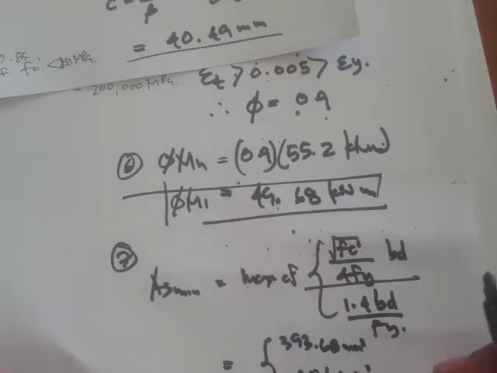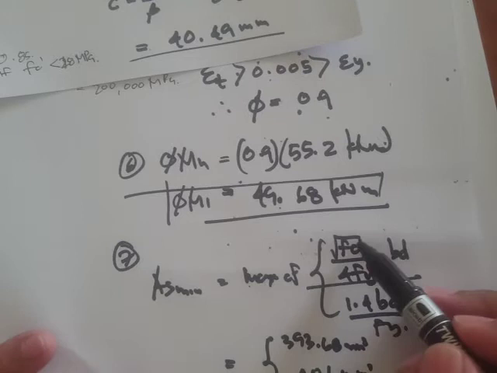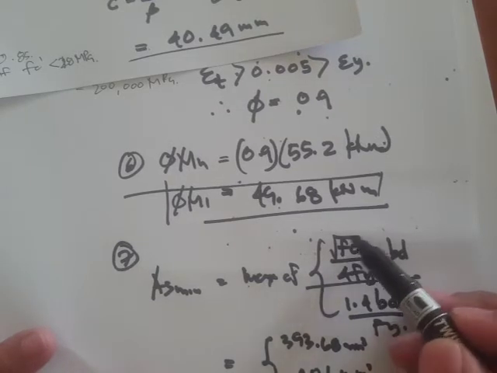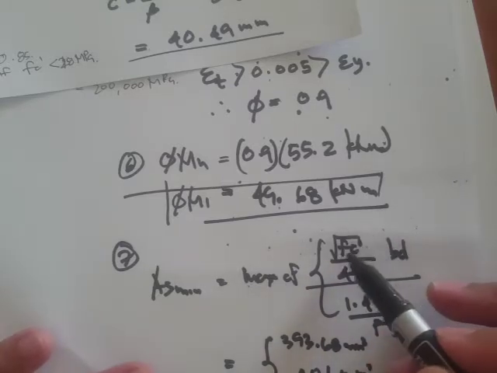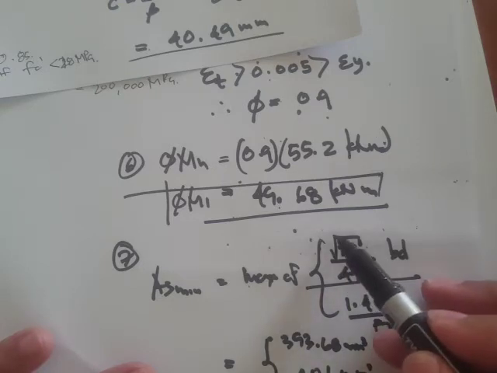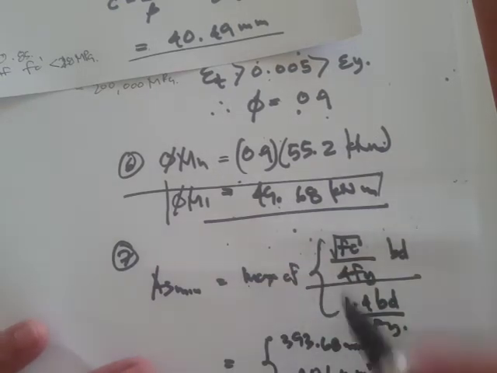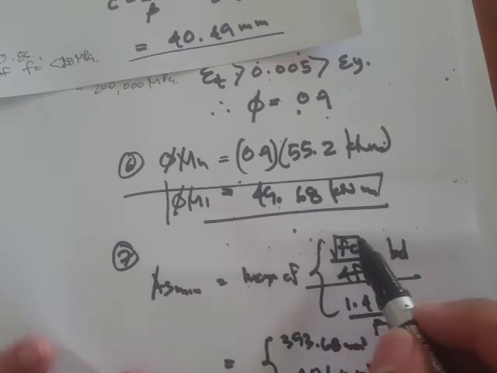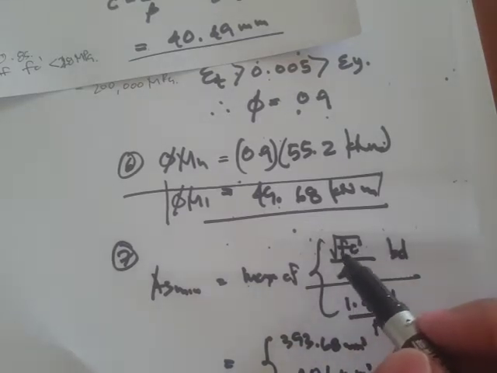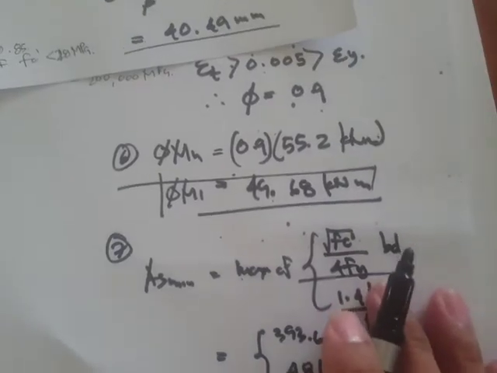Just a couple of notes. This is the square root of f'c, so don't bother about the units. If you put in megapascals, then you get megapascals out as well. Don't take the square root of megapascals; just ignore the square root sign for the units.